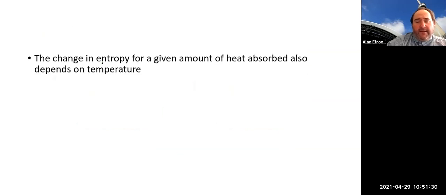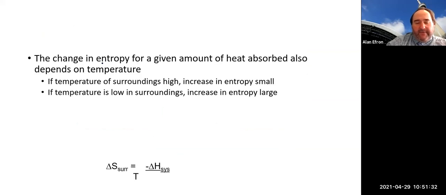All right. So how do we come back and figure out the change in entropy for the surroundings? Again, it is related to our delta H value. And as I mentioned just a second ago, the temperature of the surroundings does have an effect, especially in an exothermic process.